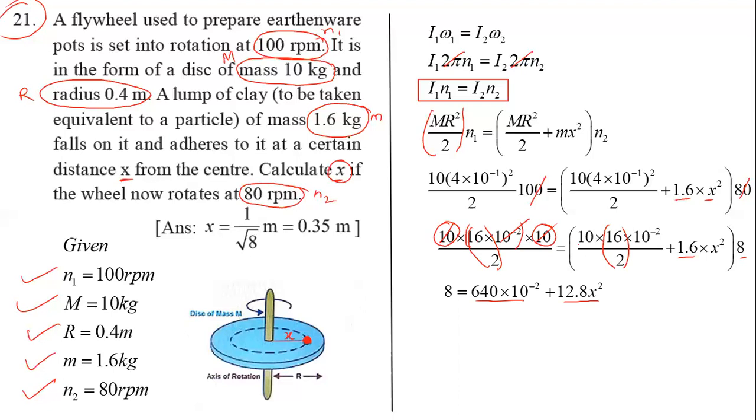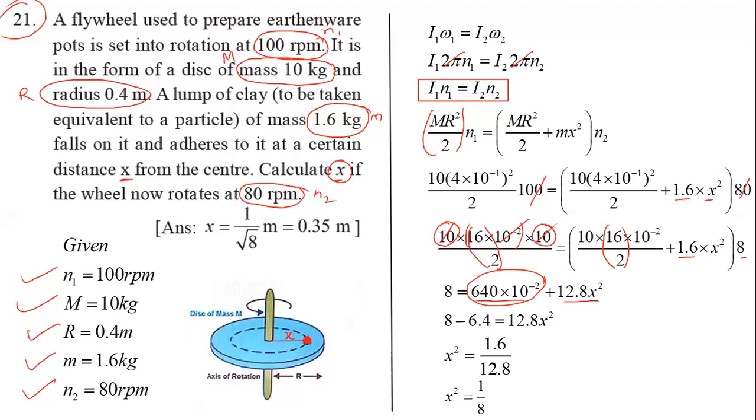Now this equation: 640 into 10 raised to minus 2 is equivalent to 6.4. So we can write 8 minus 6.4 is equal to 12.8 into x square. 8 minus 6.4 is coming 1.6. 1.6 is equal to 12.8 x square. So x square is equal to 1.6 divided by 12.8.